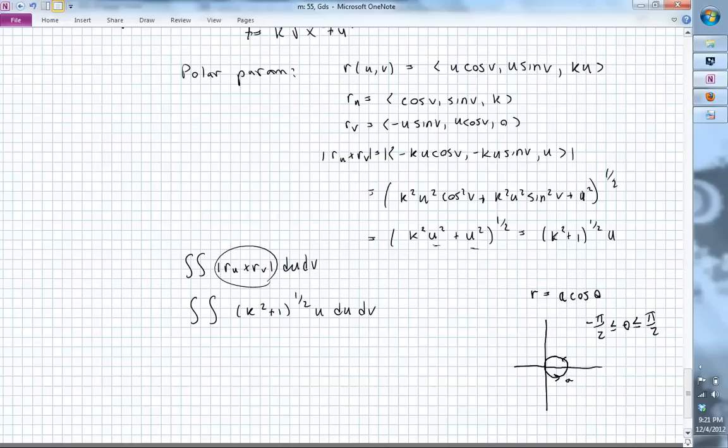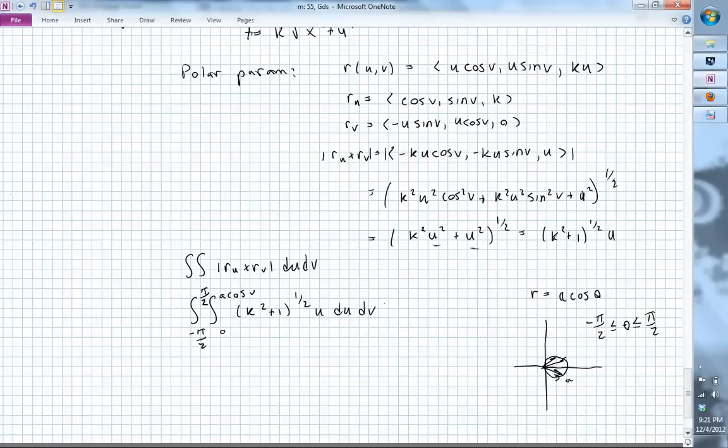How do we make u and v describe that? Well, u is radial segments, so u starts here and goes out to the curve everywhere. So u is going to go from 0 up to a cosine v, and v is going to go from minus pi over 2 to pi over 2.